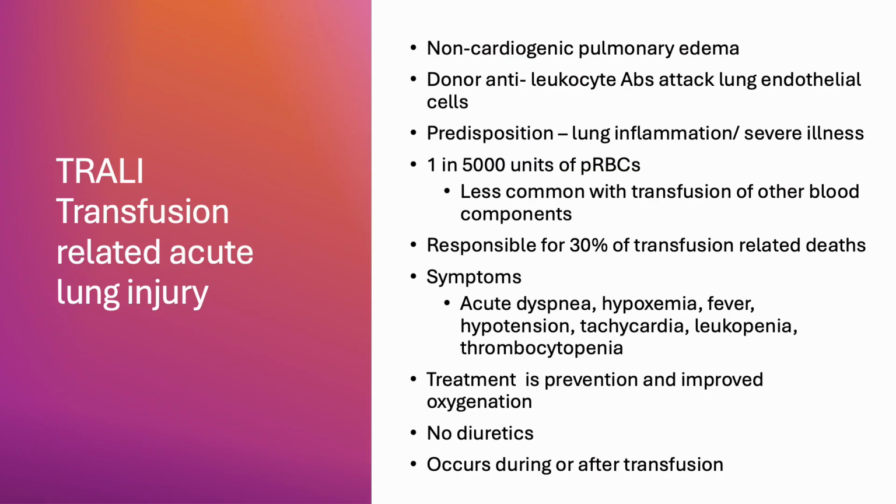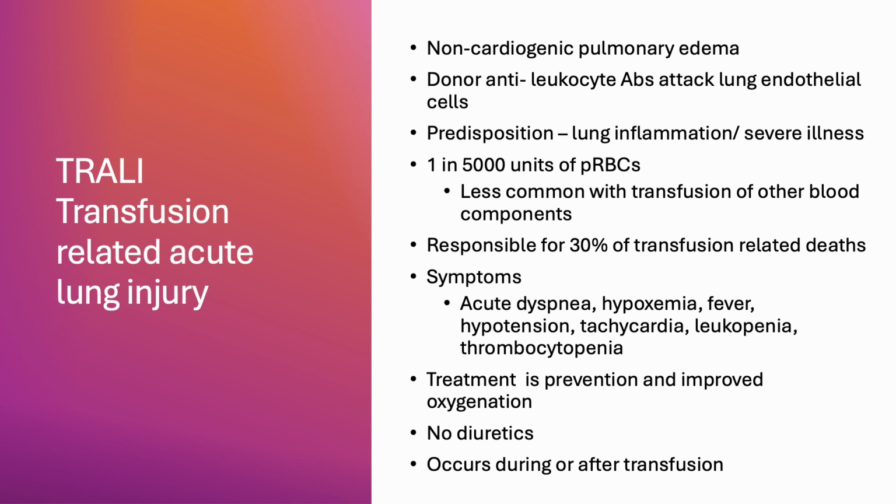Now let's talk TRALI, or transfusion-related acute lung injury. This is a situation where you have non-cardiogenic pulmonary edema. In this case, the donor's anti-leukocyte antibodies attack lung endothelial cells. The predisposition for this disease is typically that the person already has a problem with the lungs or some form of inflammation in the lungs or a severe illness.